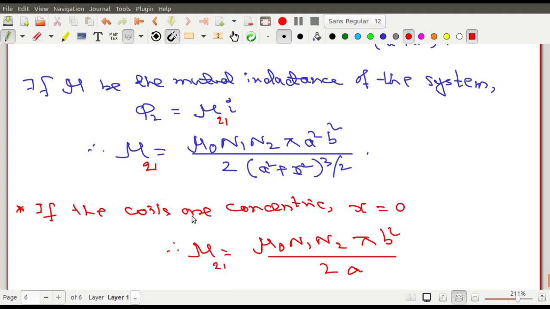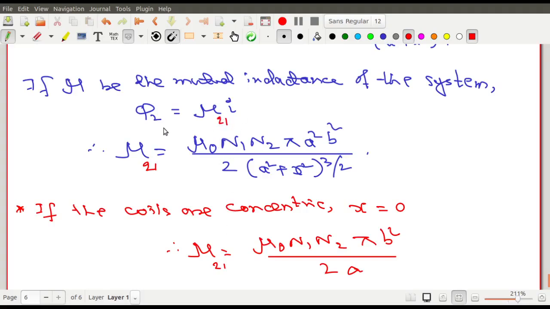We can prove that M12 is equal to M21, and this is known as the reciprocity theorem. You will find it in your book. Actually what we have found is M21.